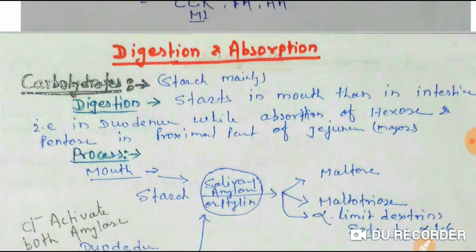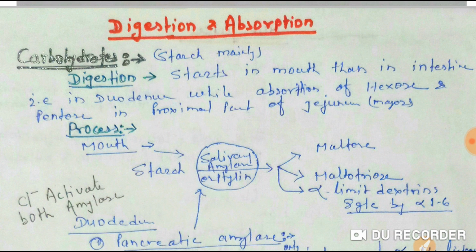Next, our discussing topic is the digestion and the absorption. Start with carbohydrate digestion. Our carbohydrate foods include mainly starch. So first, digestion.